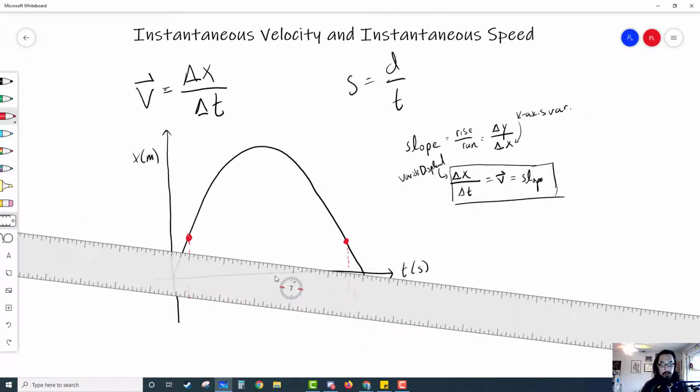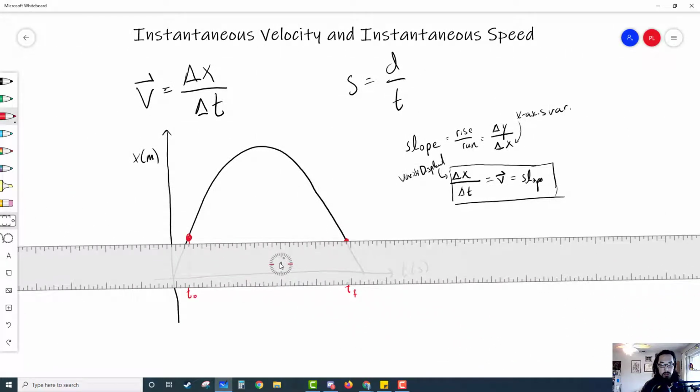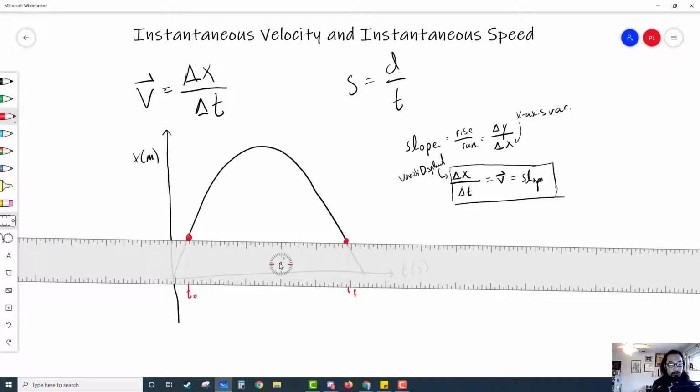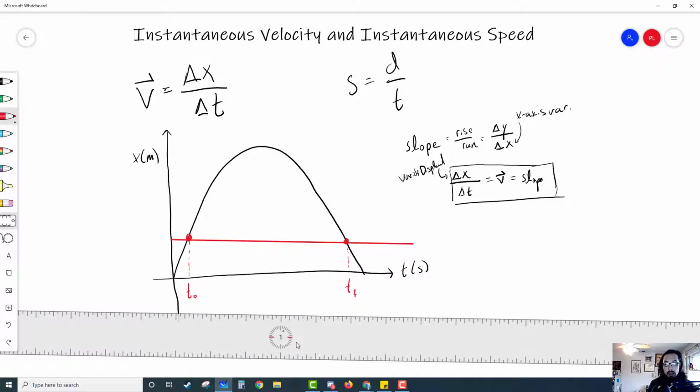Let me try my best here to connect those 2 dots. All right, there we go. Finding the slope of this line would give you your average velocity. We can see here that because it's downward sloping, this will be a negative average velocity.